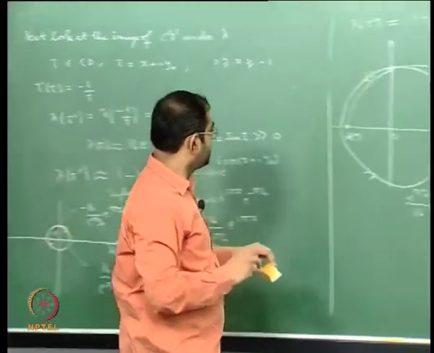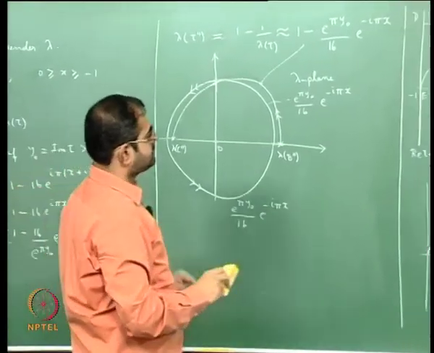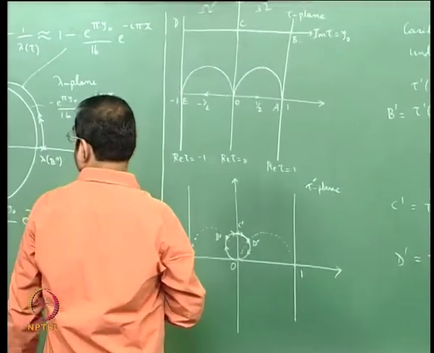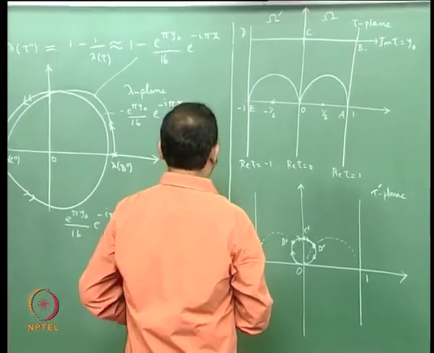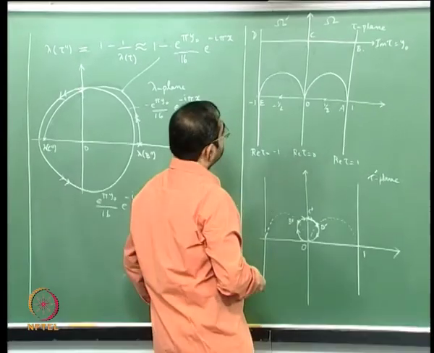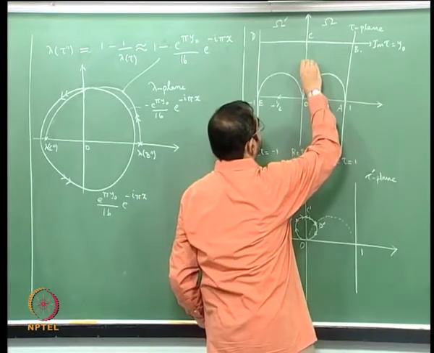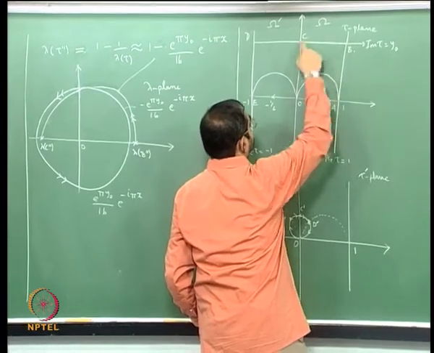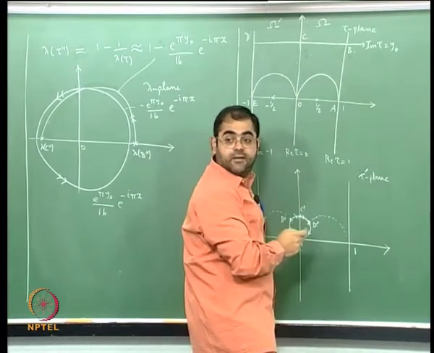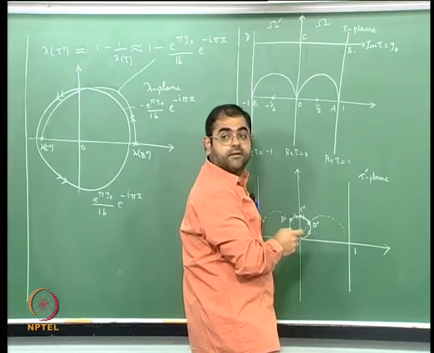Now I think more or less we have come to the end of the story, except that I need to also know, because I am trying to plot the image of this contour under lambda.